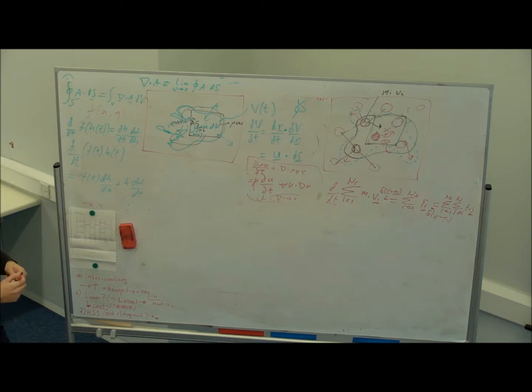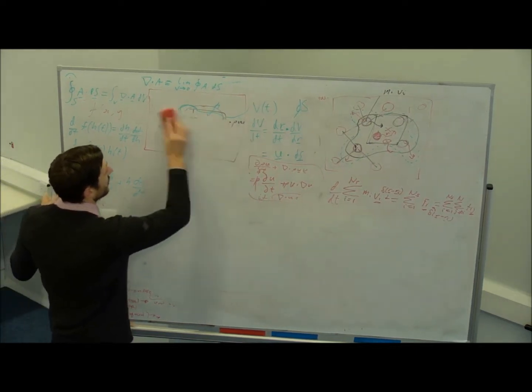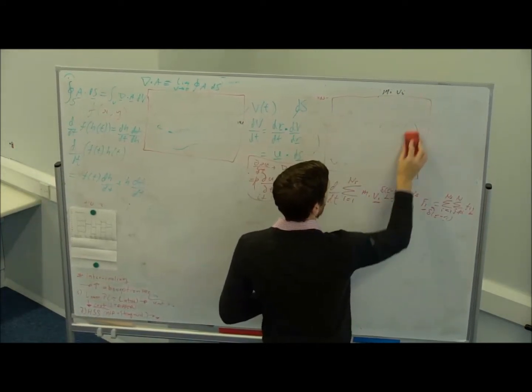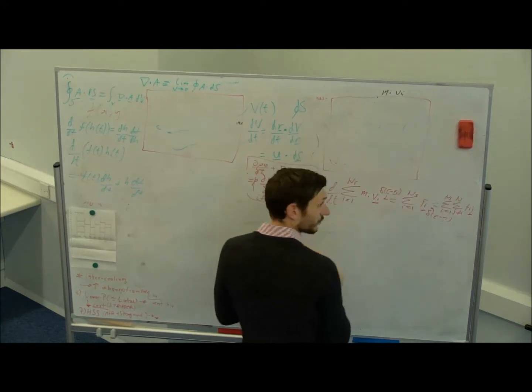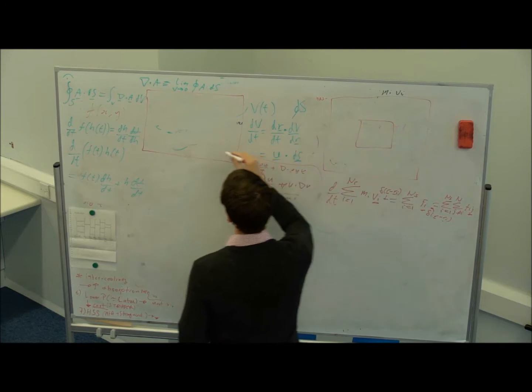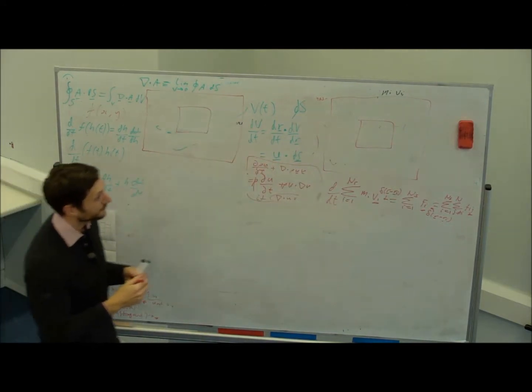Okay, so let's think about the right-hand side. These pictures are getting a bit crowded, so let's start again. Let's now define, because we're happy with our volume being fixed in space, both as cubes.